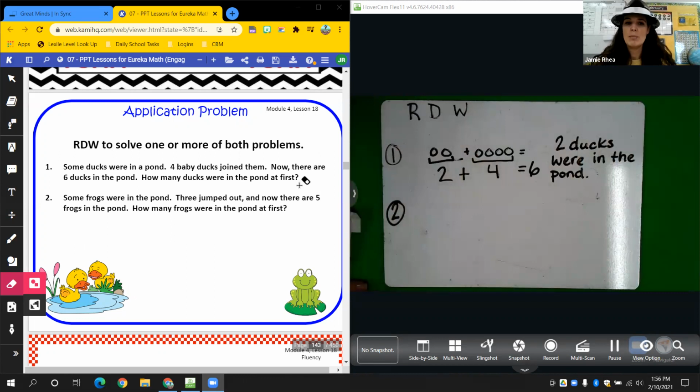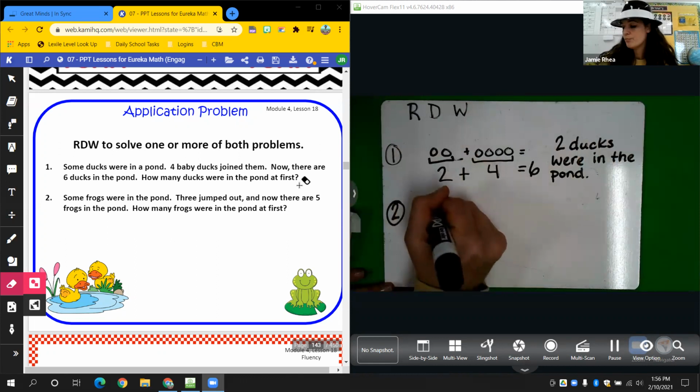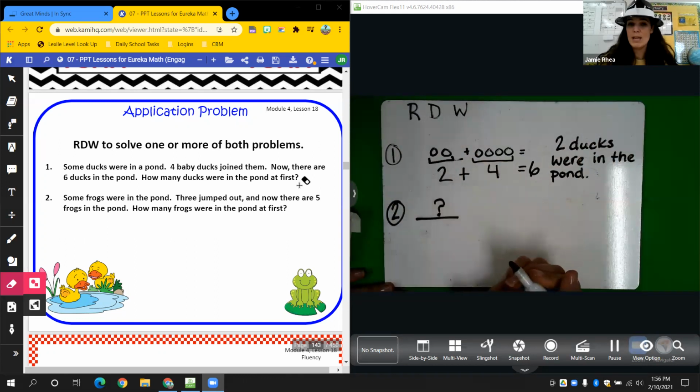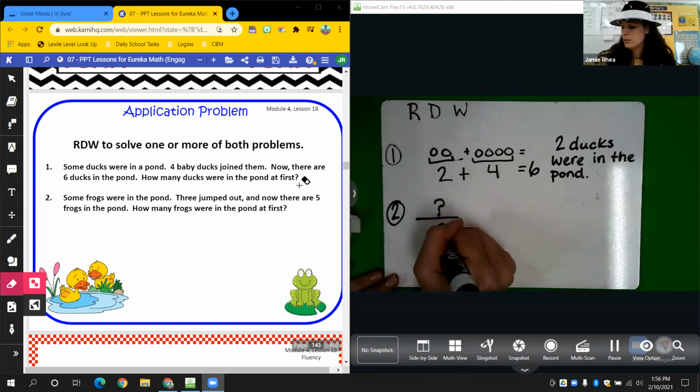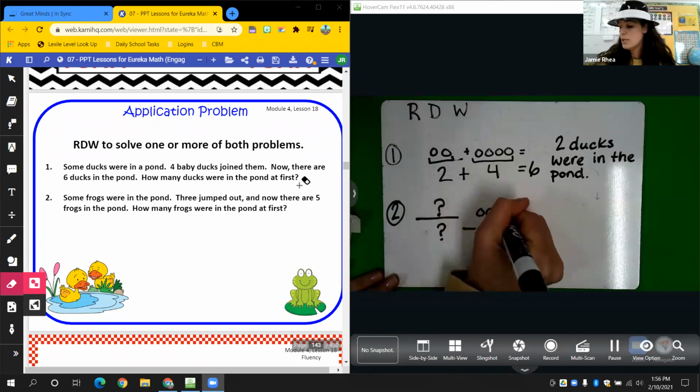Some frogs were in the pond. 3 jumped out, and now there are 5 frogs in the pond. How many frogs were in the pond at first? Okay, some frogs were in the pond. We don't know how many. 3 jumped out. Okay, what happens if they jump out? We subtract. We're going to subtract 3.